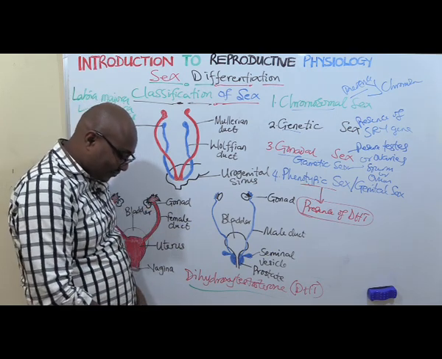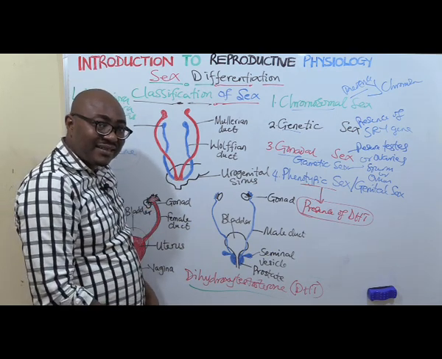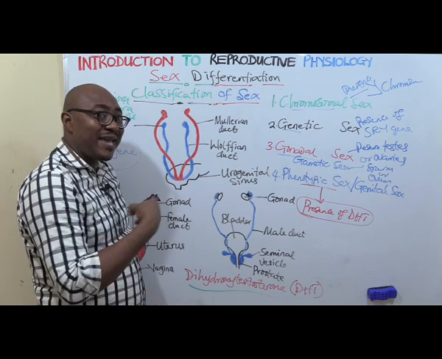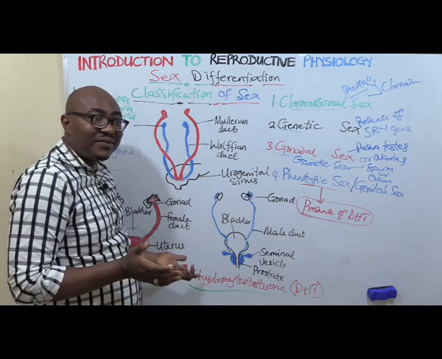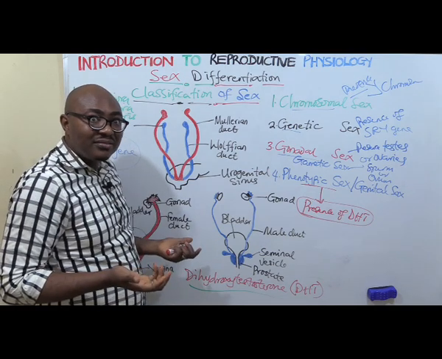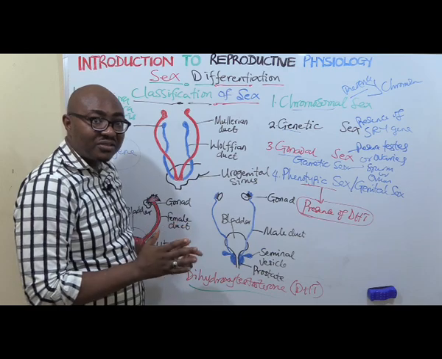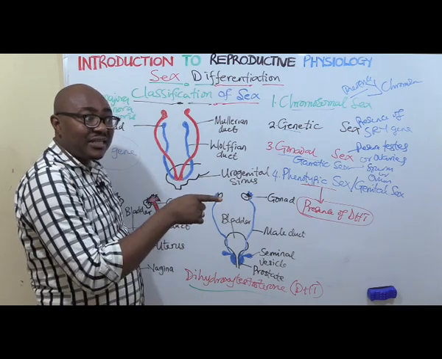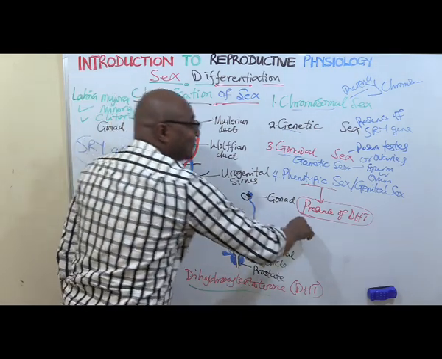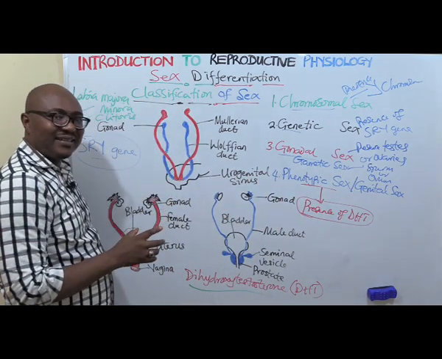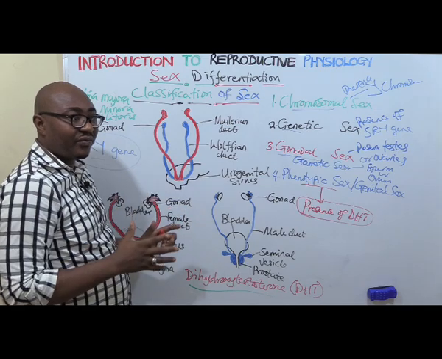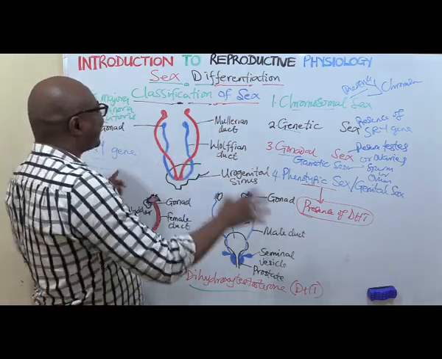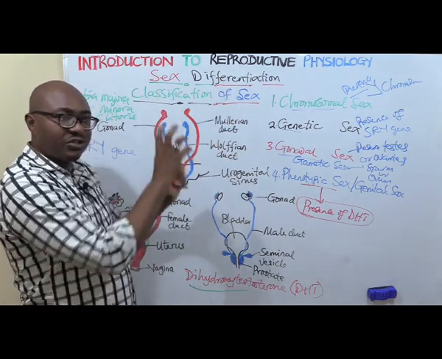The person has female external features, but the person is male. People think the person is female. The breast is not developing, no menstruation, but the person is actually male. Just that developmentally, the person did not have DHT at the beginning, and could not develop penis and scrotum. But the person has testes and all of that. You understand it now? Classification of sex, sex differentiation, the structures.